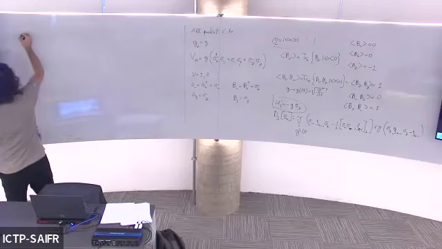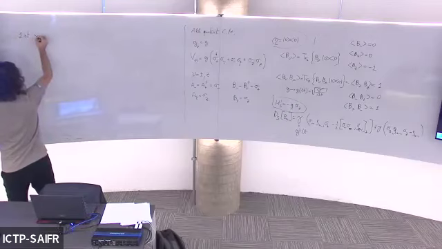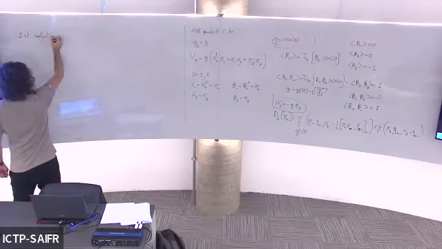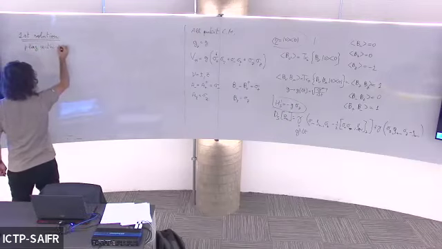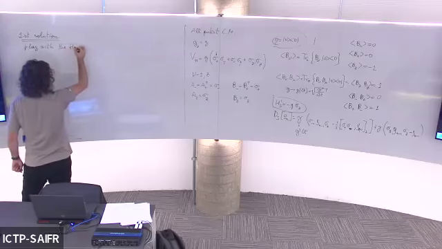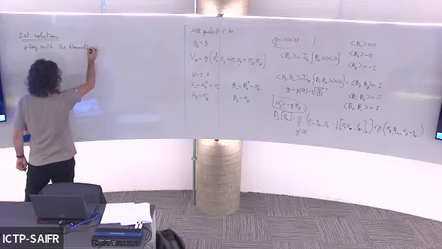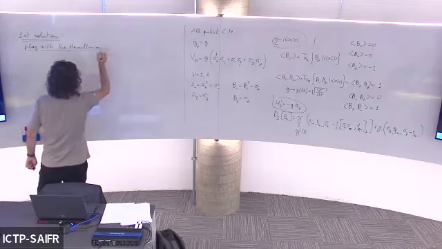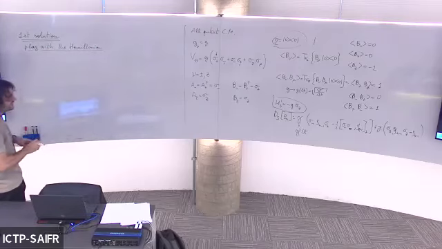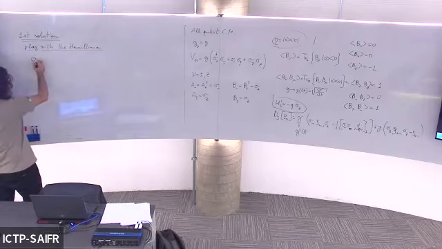So, first solution. Play with the Hamiltonian. A very first way to solve this problem is to simply set GZ equal to 0.